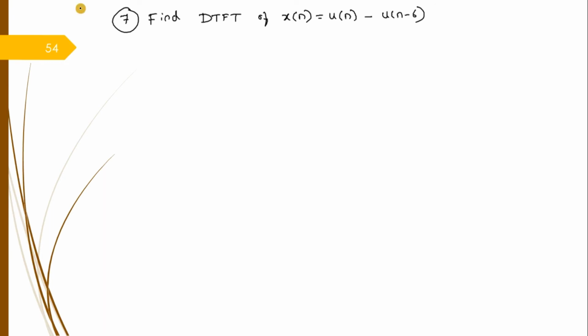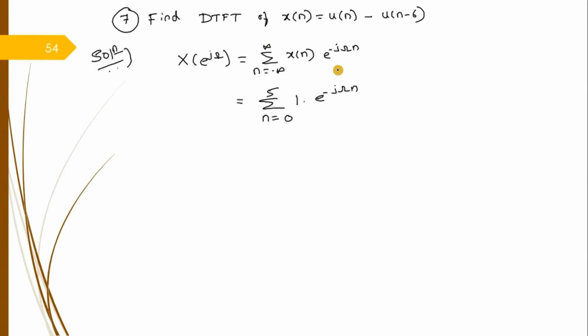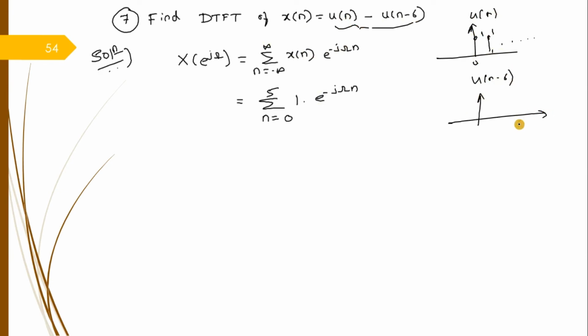We shall go to the next one, the seventh problem. The standard form is like this. So x of n, I substitute u of n minus u of n minus 6. If I draw the diagram, u of n means at 0 I'm having 1, and everywhere I'm having 1. U of n minus 6 is the same signal shifted by 6.